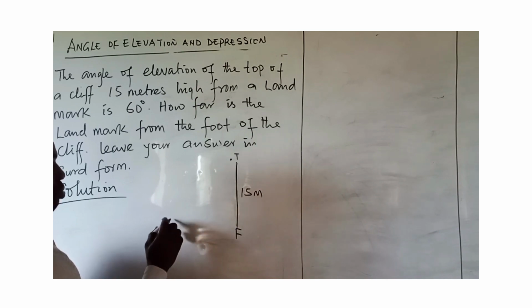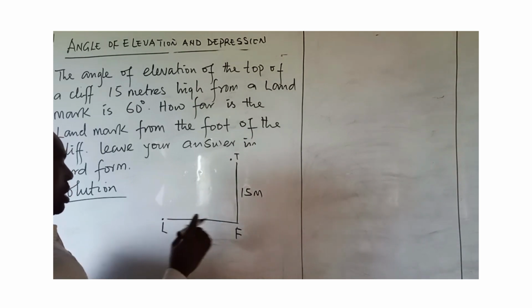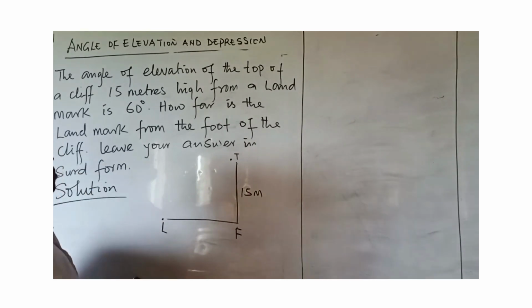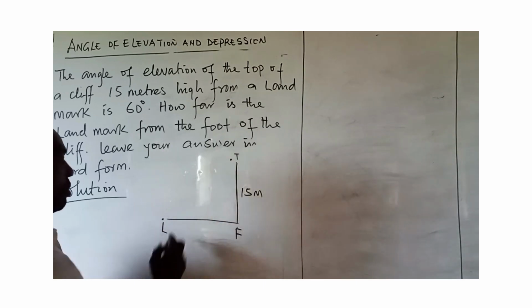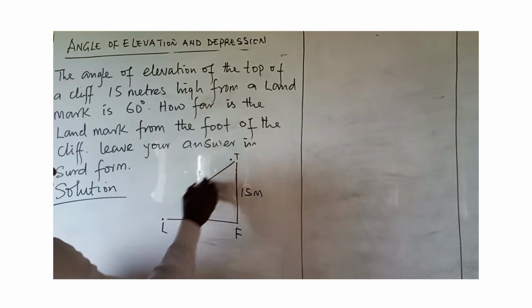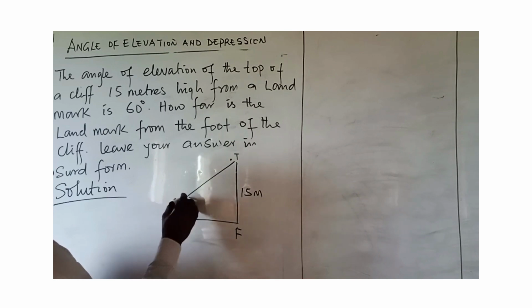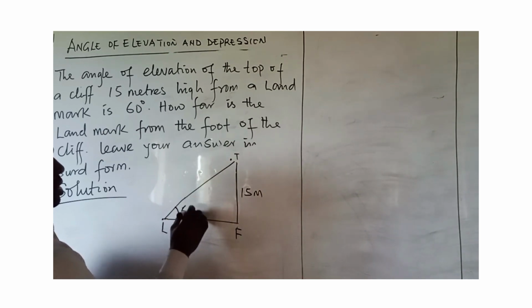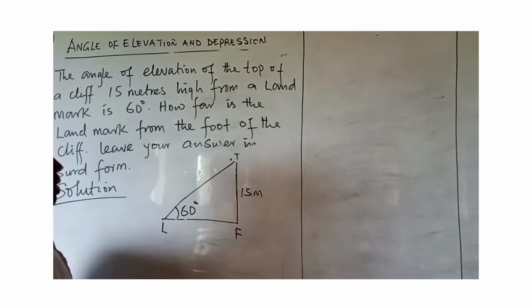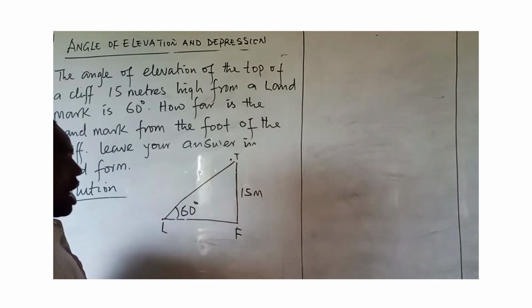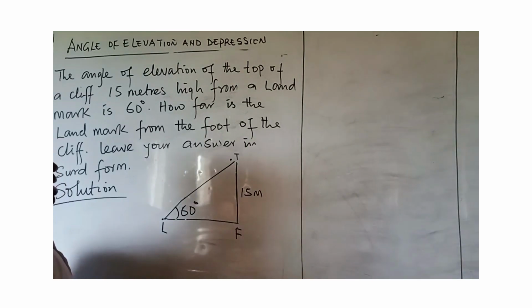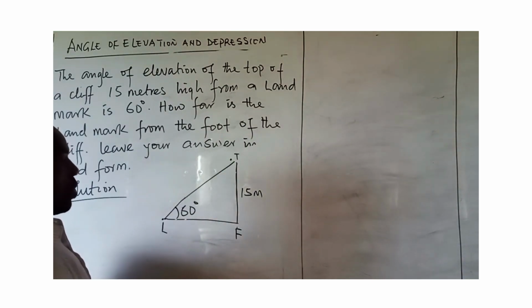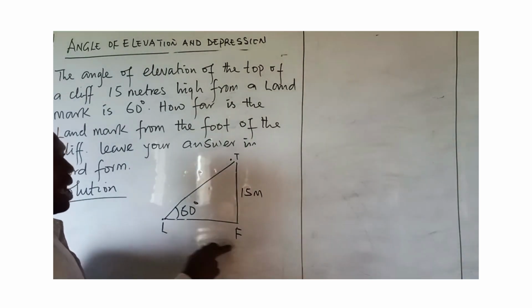The distance between the landmark and the foot of the cliff is not given, which we can call LF. Then the angle is 60 degrees here, which is between the horizontal and the observer's line of sight. So we are actually looking for LF.